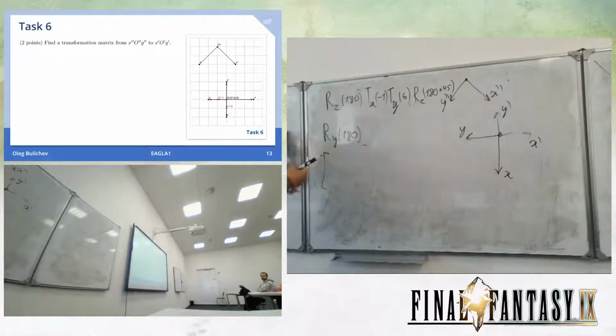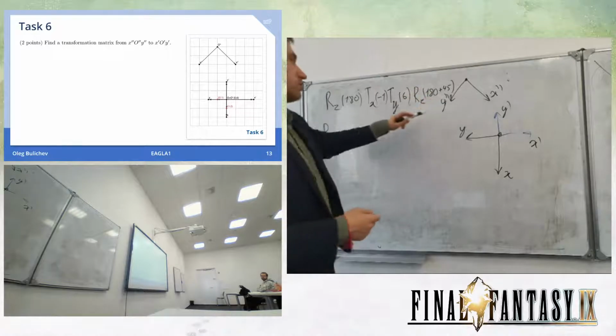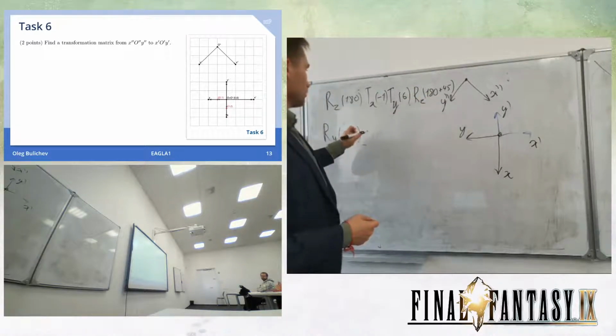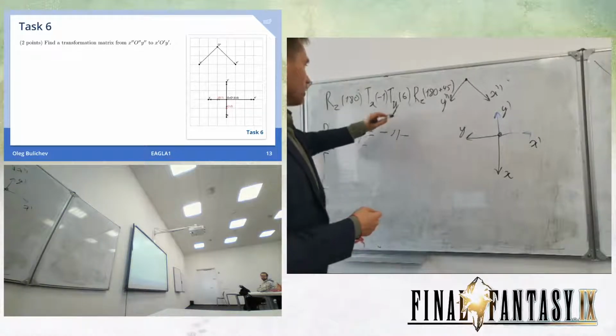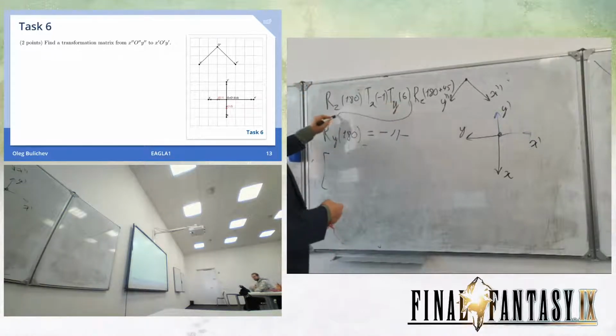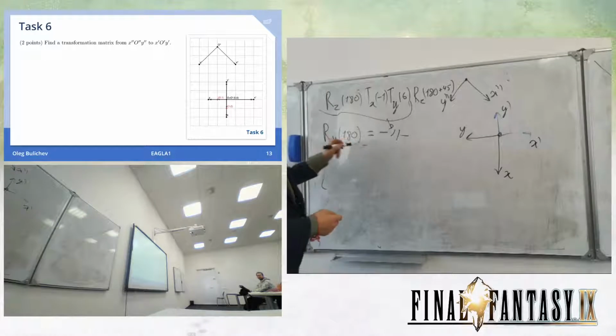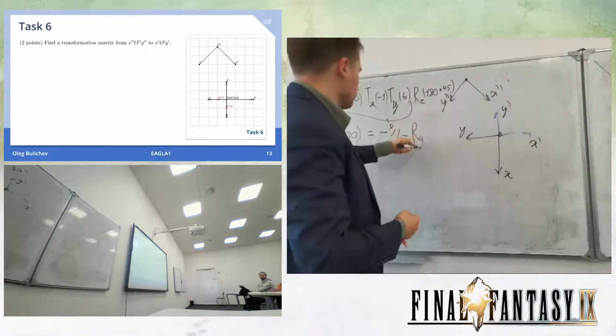Okay, about this task. Oh, actually, can we write another matrix? This one. Yes, we can rewrite it, and it will be the same. This one. And after this, we can firstly rotate around the y-axis.